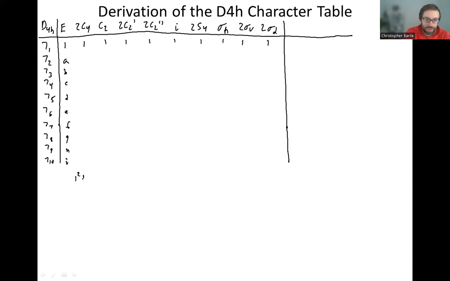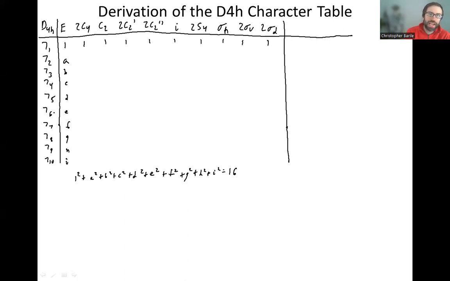In other words, in this case, 1 squared plus a squared plus b squared plus c squared plus d squared plus e squared plus f squared plus g squared plus h squared plus i squared has to equal 1 plus 2 plus 1 plus 2 plus 2 plus 1 plus 2 plus 1 plus 2 plus 2, which ends up equaling 16. That's the total order of the point group, the total number of symmetry operations.